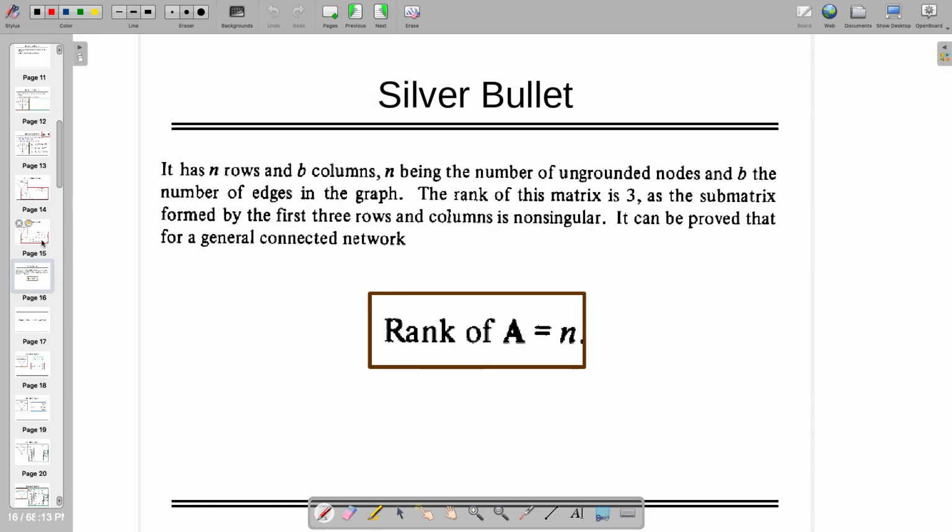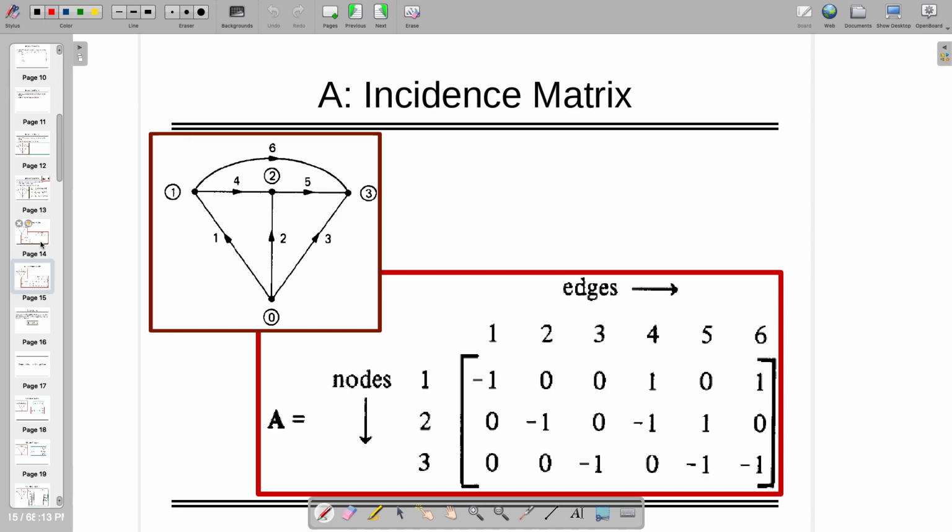So for node 1, there is 1, 4 and 6. So 1, 4 and 6 are going to be filled up with 1. If they are going away, all are positive. If they are coming in, they are negative, right? So that is how it will go. So the incidence matrix, no problem.